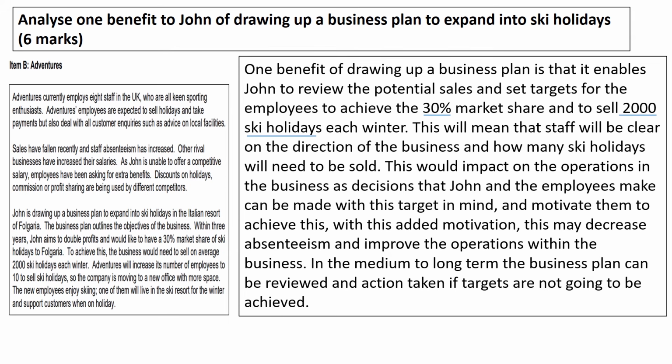This would impact on the operations in the business, as decisions that John and the employees make can be made with this target in mind and motivate them to achieve this. With this added motivation, this may decrease absenteeism and improve the operations within the business. In the medium to long term, the business plan can be reviewed and action taken if targets are not going to be achieved.